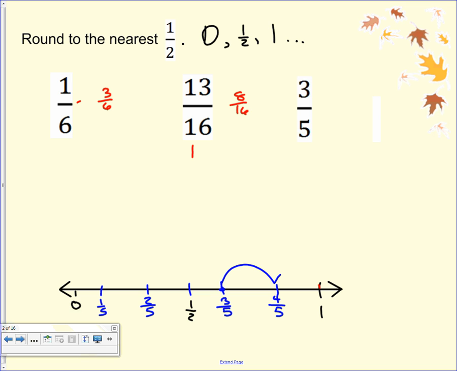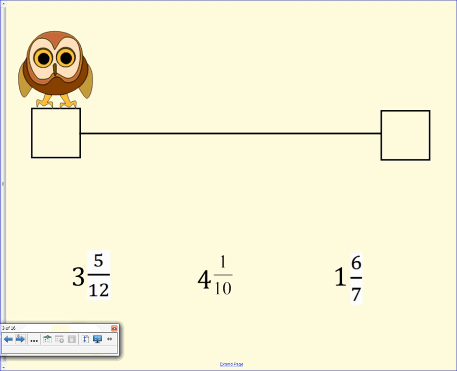That would be 1, 2 jumps to get to 1. Really only like 1 jump, not even a whole jump, to get to 1/2. So I would say this one's closest to 1/2. A little bit weird. Hopefully we don't have to do a whole lot of this.